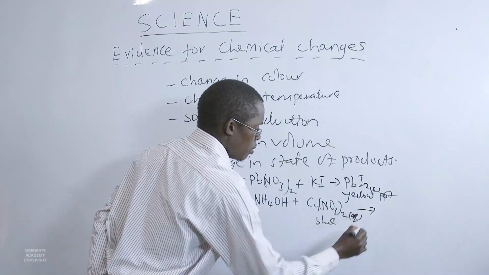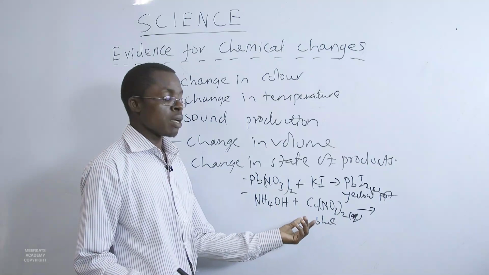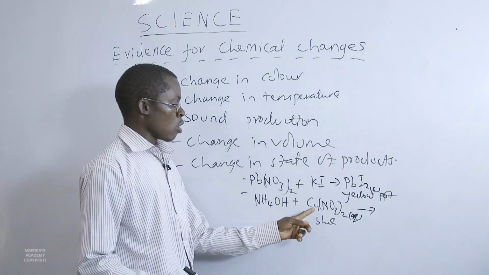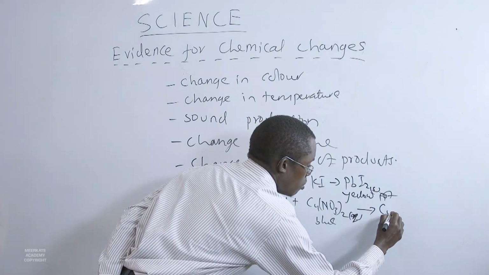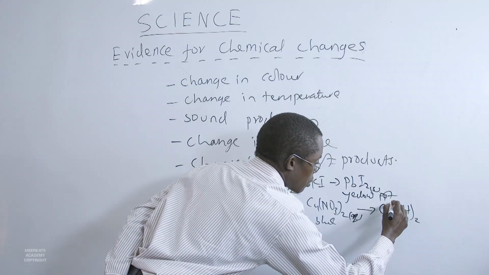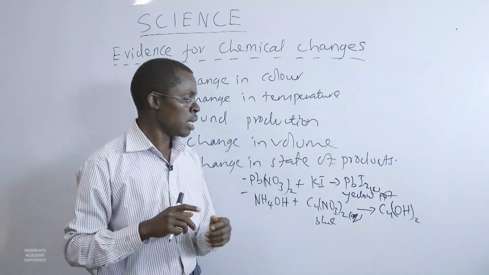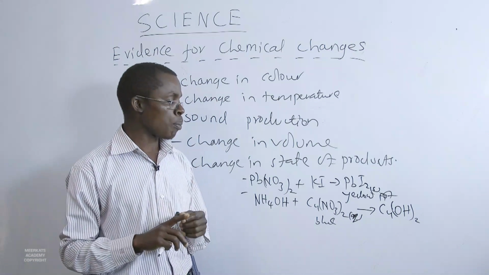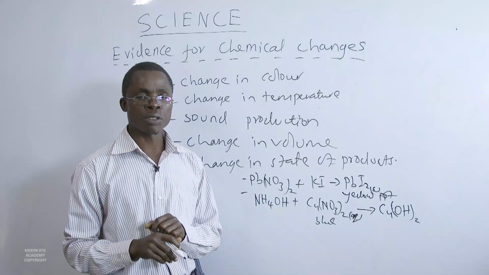Now when these two react, that's ammonium hydroxide and copper nitrate, copper combines with the hydroxide to form copper 2 hydroxide. I'm mentioning 2 because copper has 2 oxidation numbers, that is copper 1 and copper 2. The common one we are talking about here is copper 2 hydroxide.